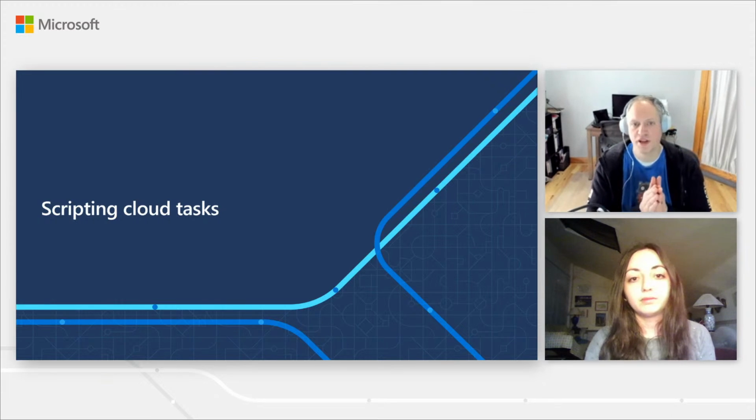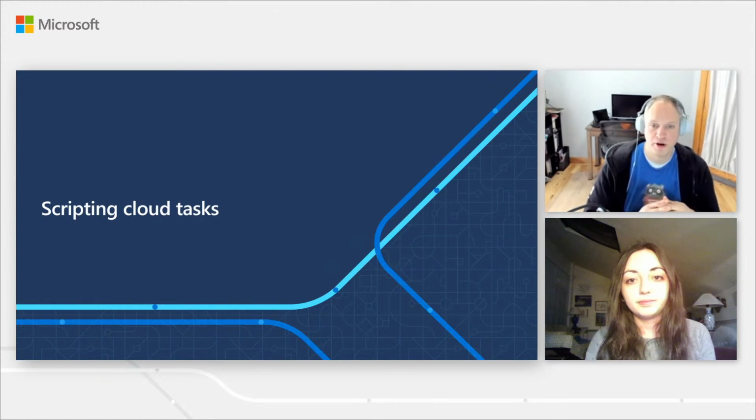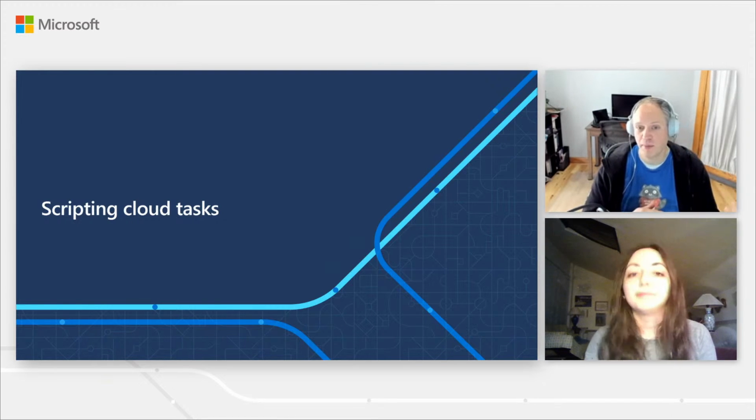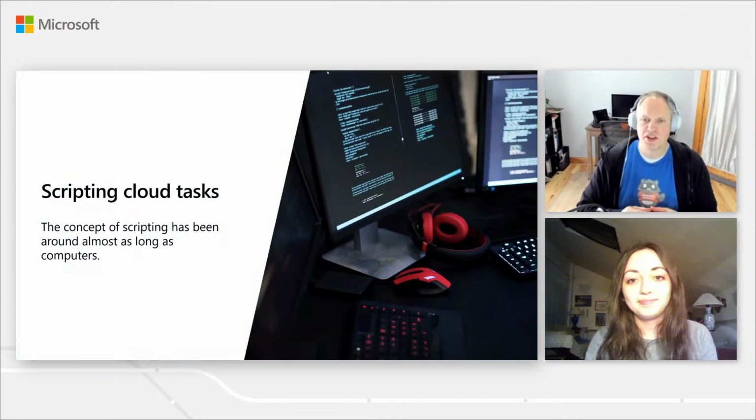Awesome. So the first step in our automation journey starts with scripting. Now, as you just told me, Foteini, scripting is nothing more than putting my command line utilities into a file, perhaps with a bit of flow control or parameterization to make it more adaptable. The concept of scripting has been around almost as long as computers.